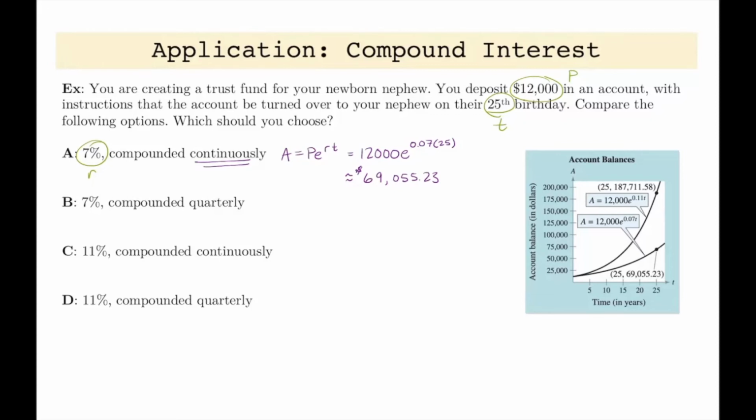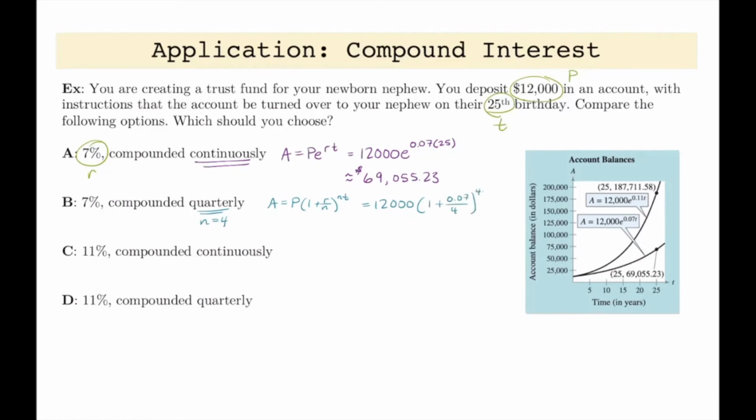Okay, so in this case, we're going to be using our other formula. It's not continuous compounding, so our other formula has the n in there. And the n, because it's quarterly, will be 4 times per year. Our principal is still 12,000. We'll have 1 plus our interest rate of 0.07 over n, which is 4.